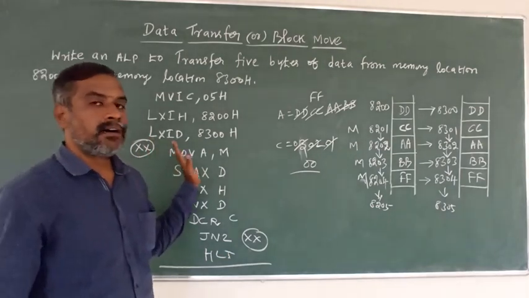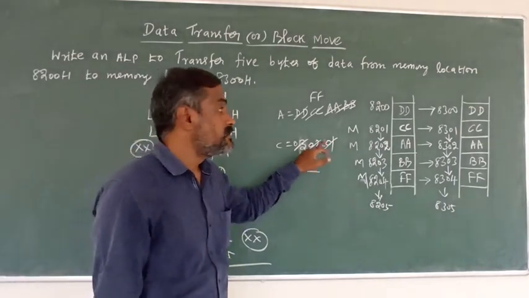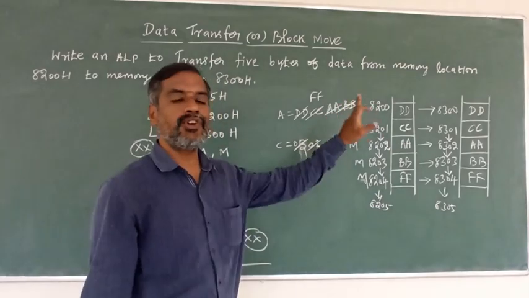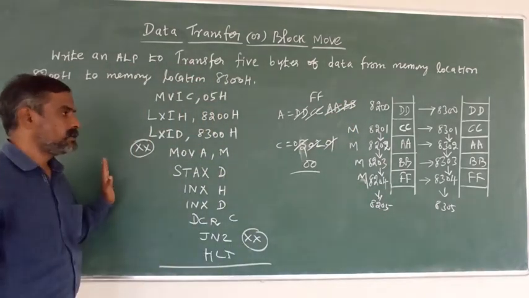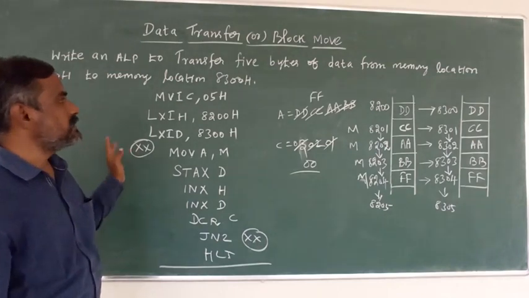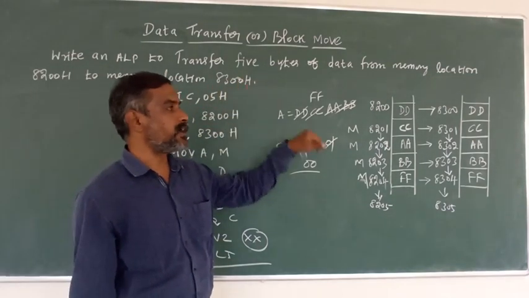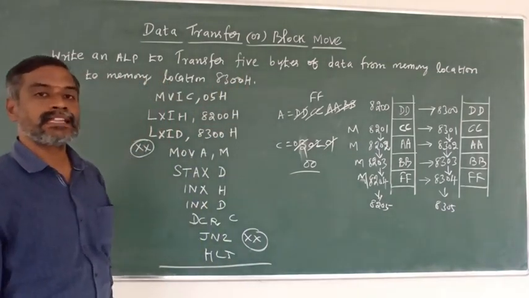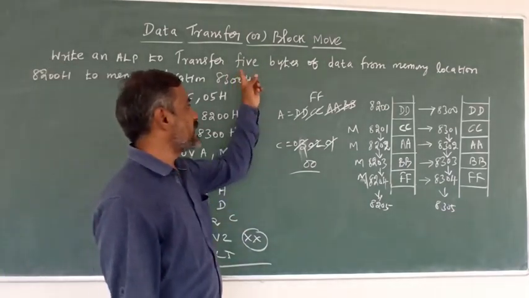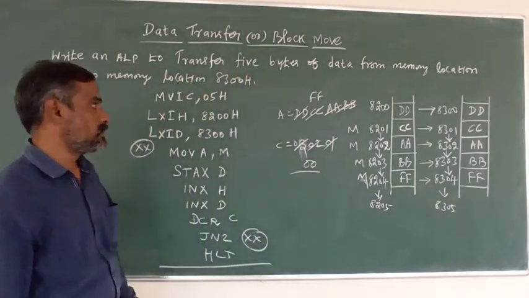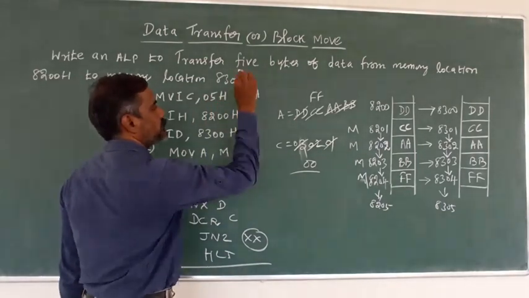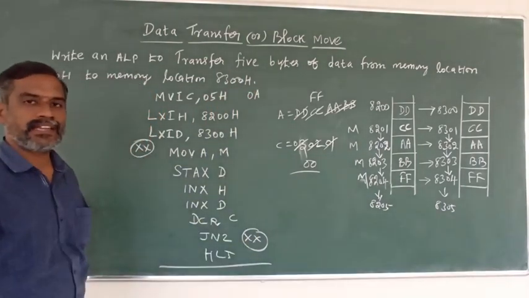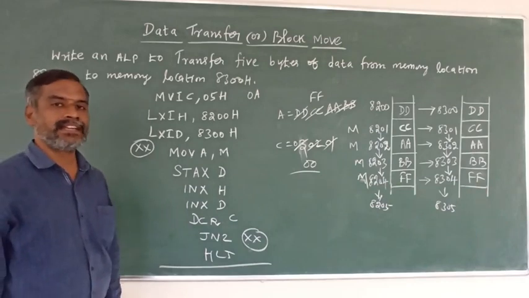All the data is transferred from 8200 to 8300. This is a program to transfer 5 bytes of data from one memory location to another memory location. Suppose to transfer 10 bytes of data, instead of 05 we can use 0A, the corresponding hexadecimal.